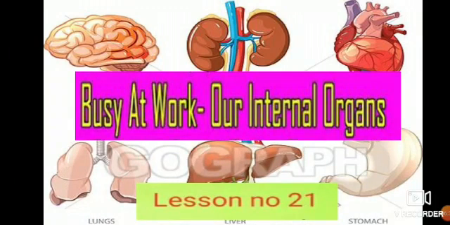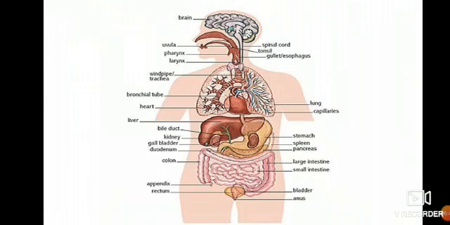So students, aren't you excited to study about the organs which are present inside our body? Yes, we all are excited to study about them. So we are going to learn their names, their uses and their functions step by step in this lesson.